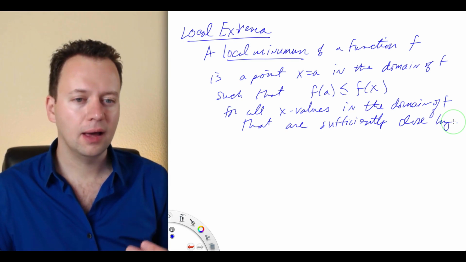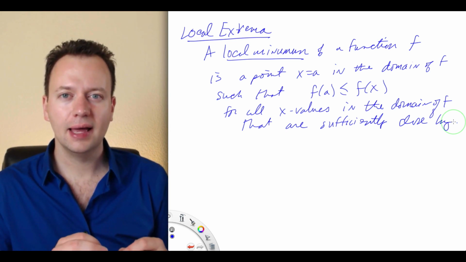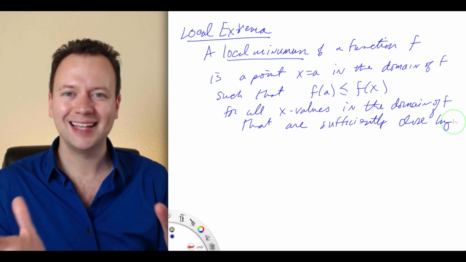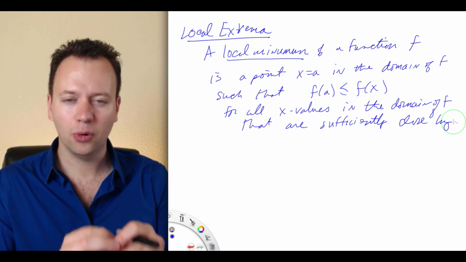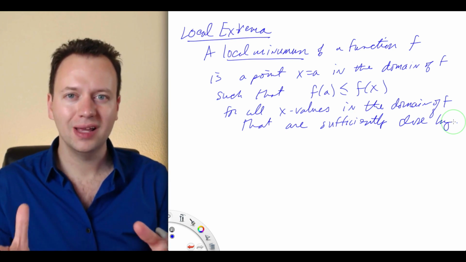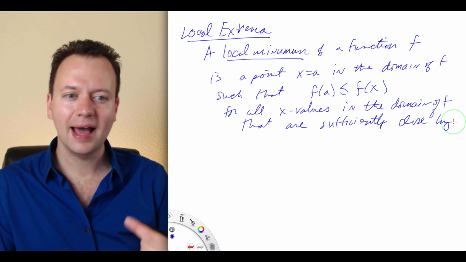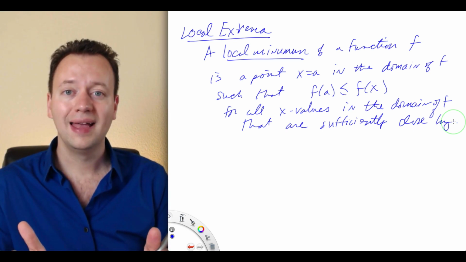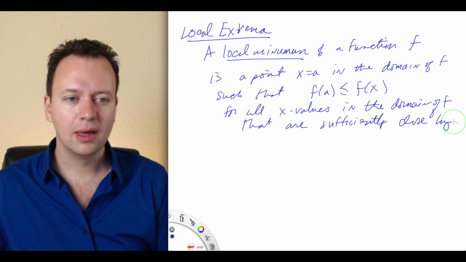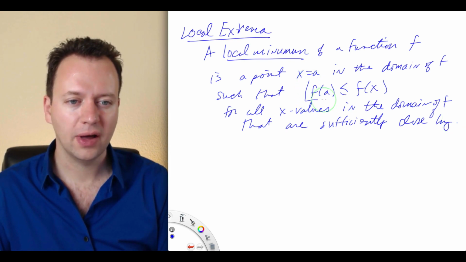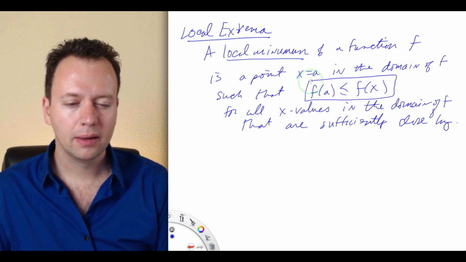Basically, the precise way is that there exists some open set that contains the point a. So there's some open interval surrounding the point a, such that for any x value in that open interval and in the domain of f, this inequality is satisfied. Right?